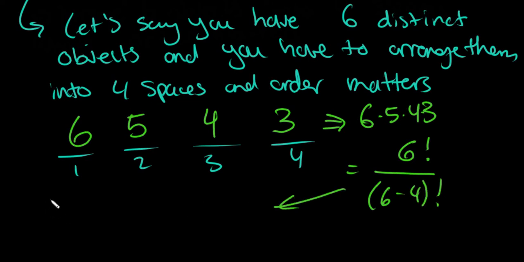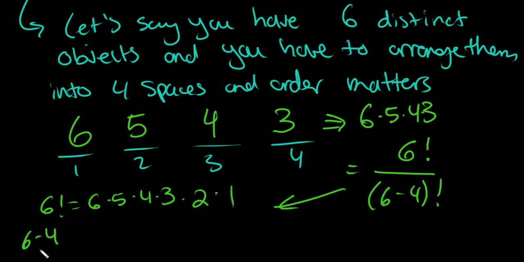Because 6 factorial equals 6 times 5 times 4 times 3 times 2 times 1, if you please. And 6 minus 4 factorial is just 2 factorial, so that's 2 times 1.